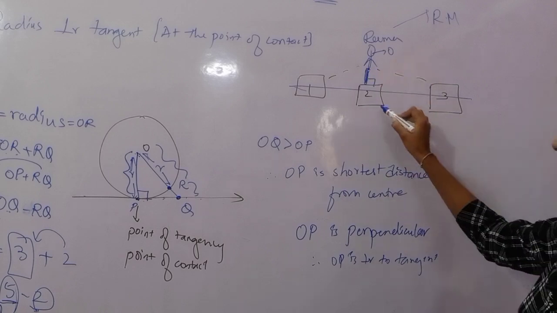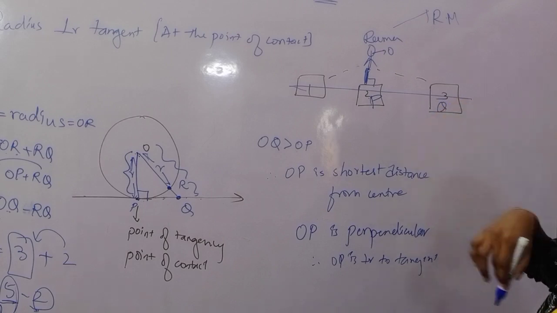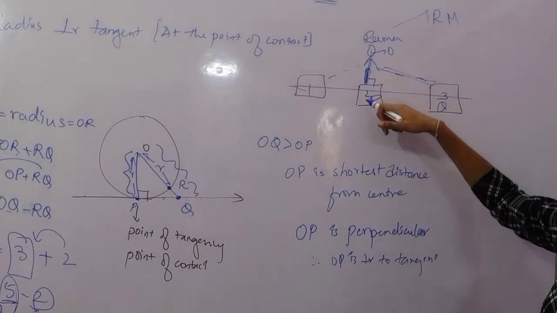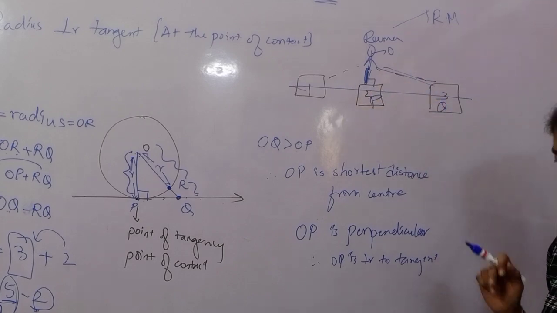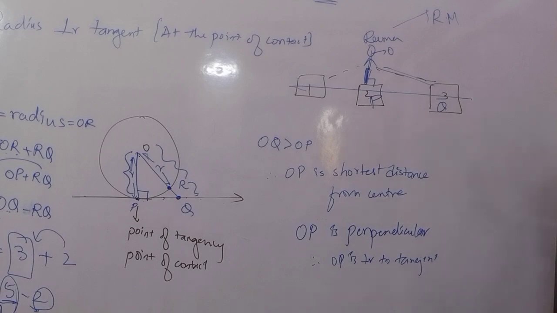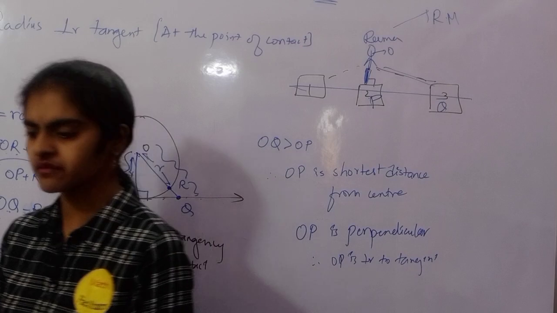I have considered this point P here. This is the point P, this is the point Q. I compare them: OQ is greater than OP, so OP is the perpendicular distance. If you don't remember the proof, remember Rima's example. Clear? So let's proceed to exercise 9.1 now.